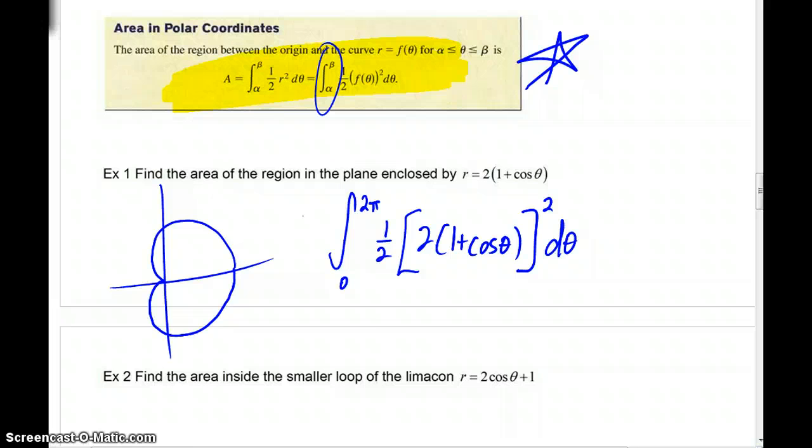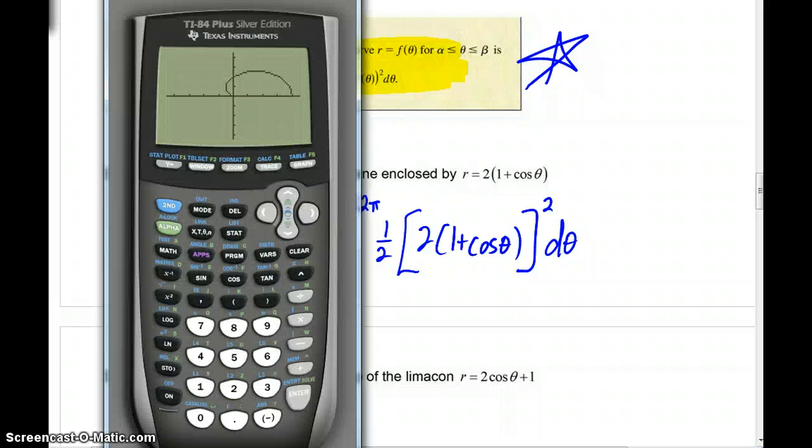And speaking of that, we have a wonderful tool here. If we just go to the home screen, we could hit math and come down to fnInt. Now, it's very possible that students don't have this latest version of the calculator, in which you would have things looking a little bit different.